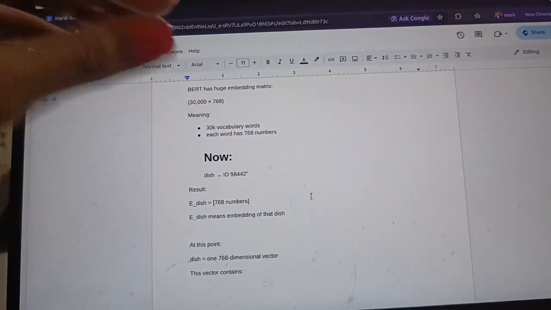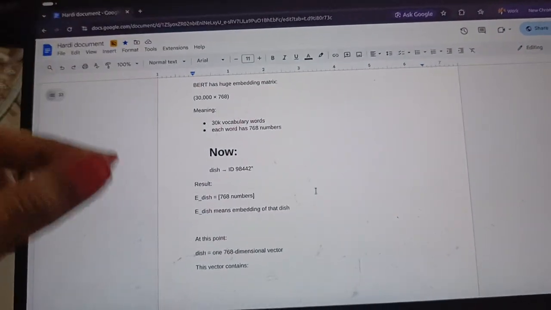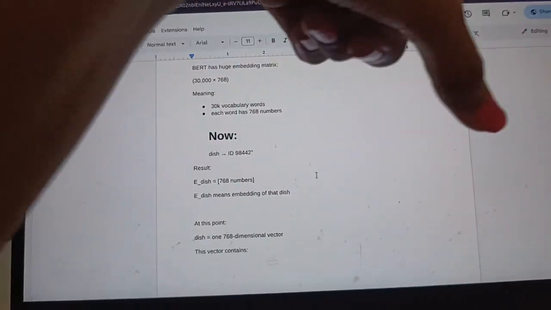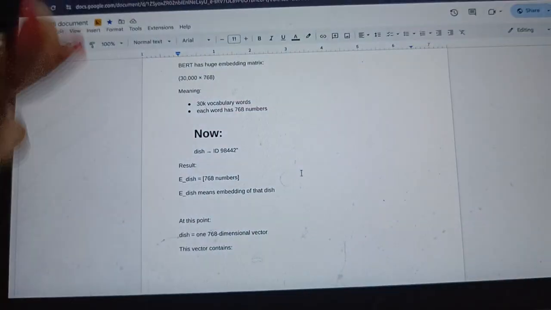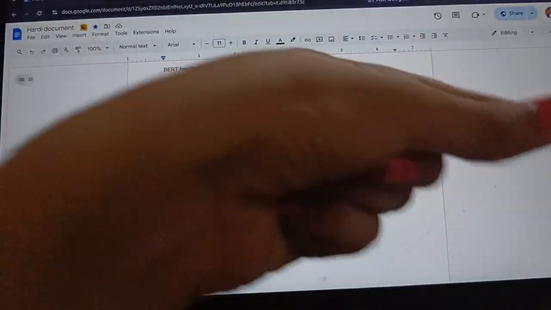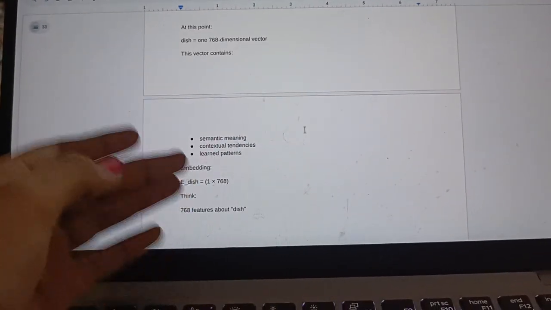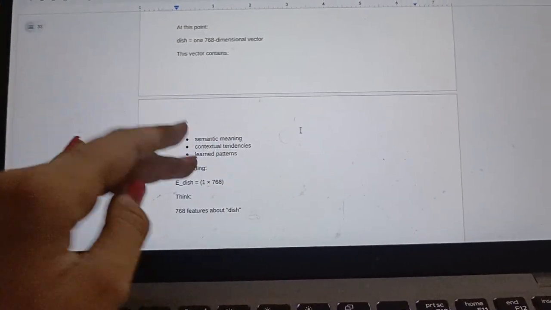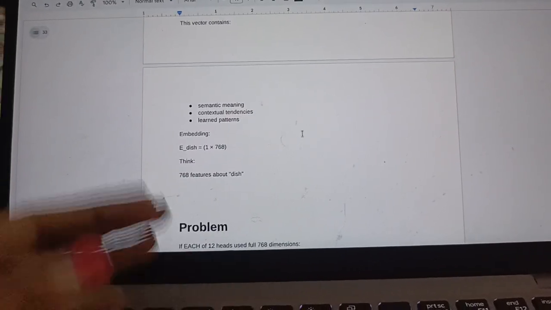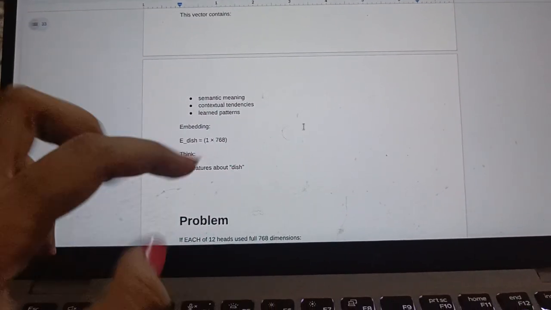It looks for the row. There are many rows, 1, 2, 3, 4, and it looks for this dish row. In this dish row, there are 768 columns like this. So this vector contains semantic meaning, contextual tendencies, and learned patterns. There are 768 features about this.